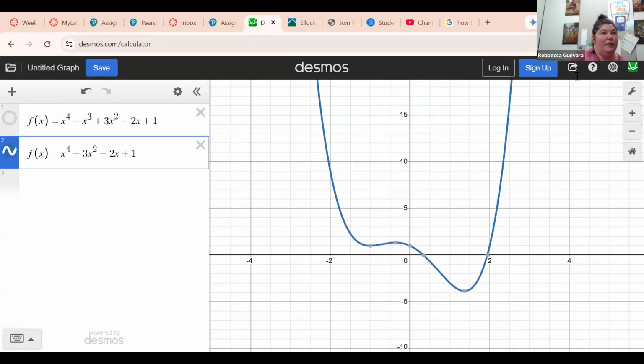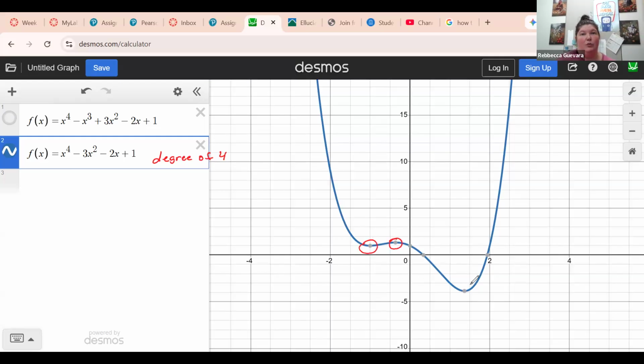So as an example here, I have this function, which is x to the fourth minus 3x squared minus 2x plus 4. We have a degree of 4, and we have 1, 2, 3 turning points.